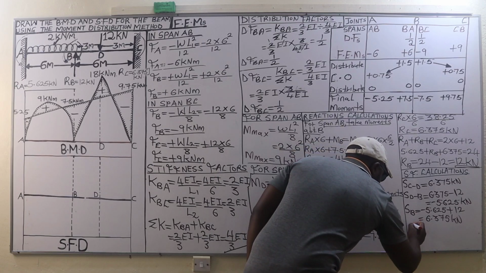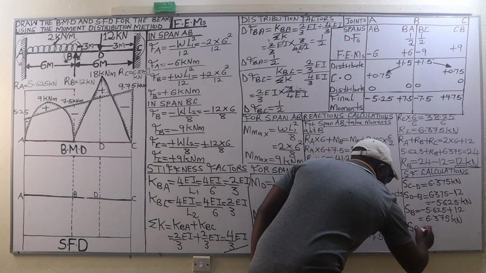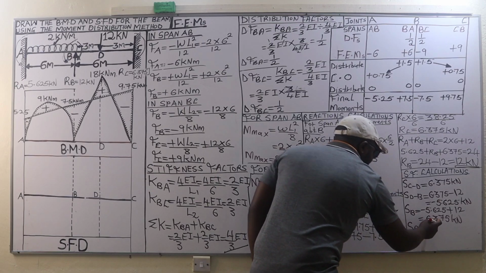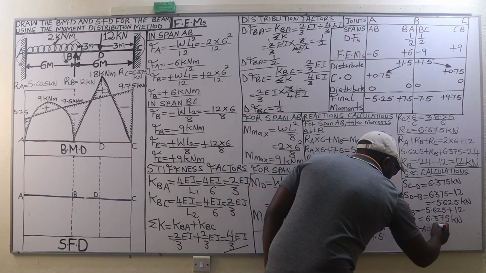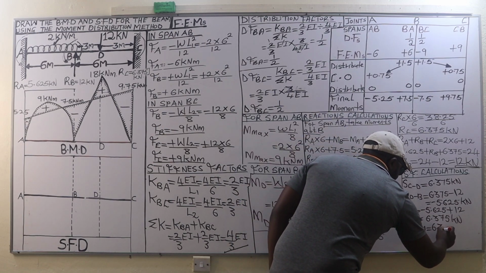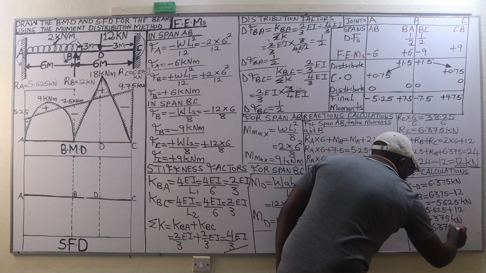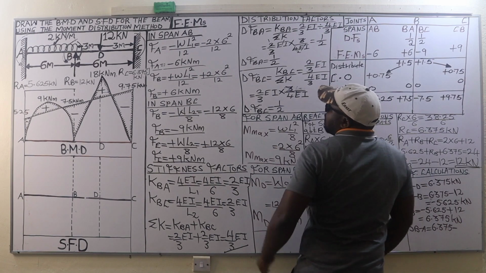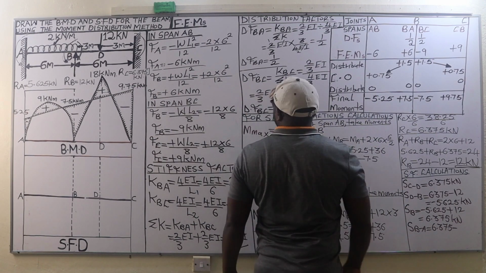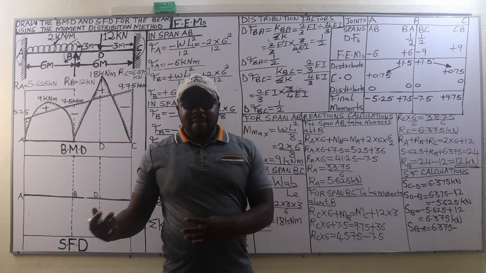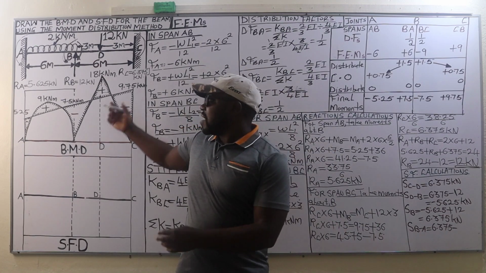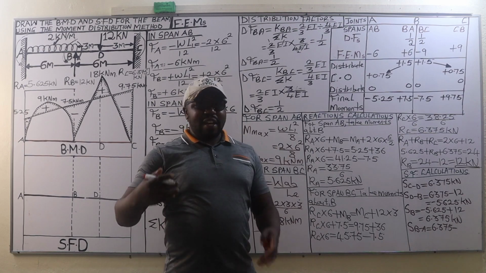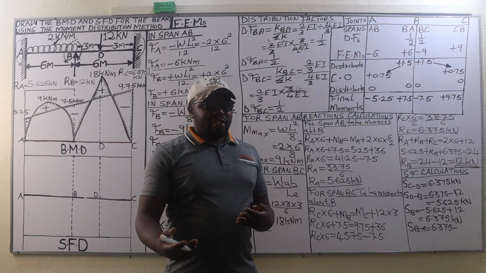Then from there you go to shear force between B and A. So the shear force between B and A will be this shear force at B, which is 6.375, minus the UDL between B and A of 2 kilonewtons per meter multiplied by the span over which it is distributed, that is 6. It is going to give us 12 kilonewtons.